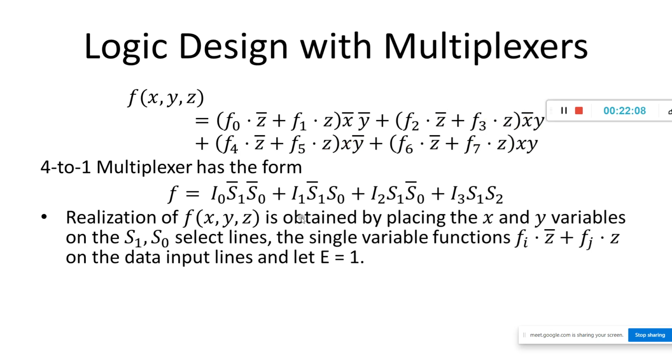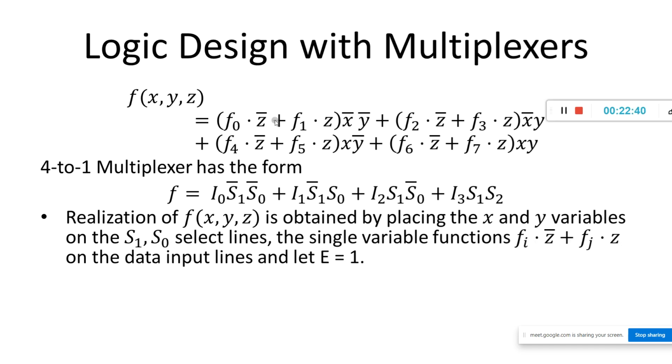Okay, so 4:1 mux has I0 into S1 bar S0 bar plus I1 into S1 bar S0 plus I2 into S1 S0 bar plus I3 into S1 S0. So realization of f of x y z is obtained by placing the x and y variables on the S1 S0 select lines. The single variable functions are fi into z bar plus fj into z.